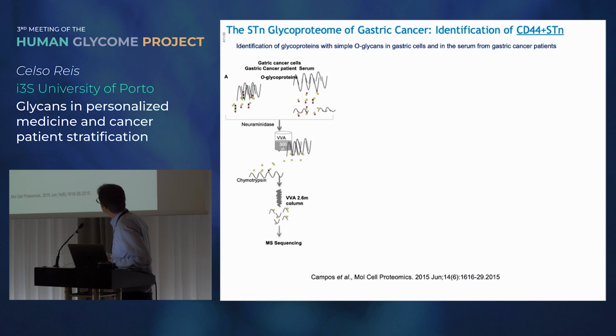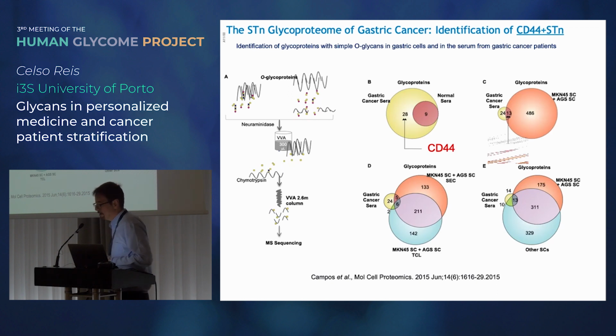And this allowed us to define all the glycoproteins and all glycosites in those glycoproteins in this gastric cancer cell. And some of the proteins that were identified include CD40, and molecules very well known in the cancer field like CD44, which were present not only in the cell models but also in the cancer samples from the patients.